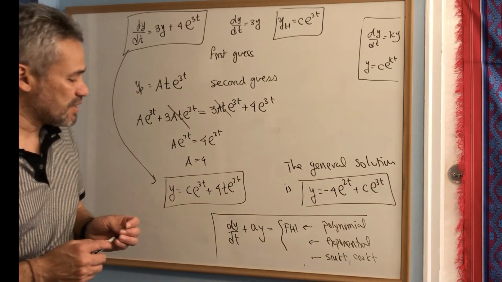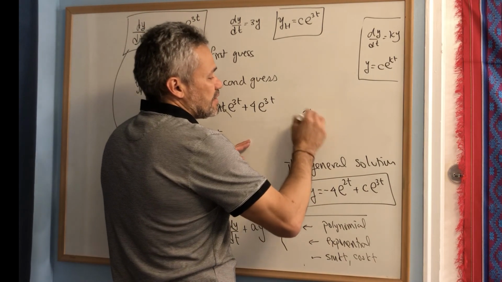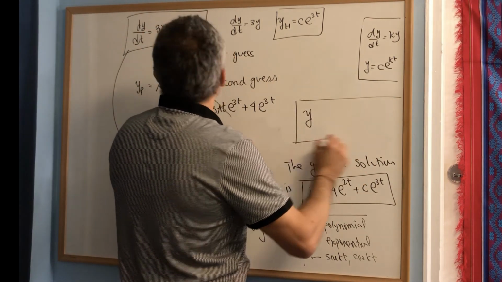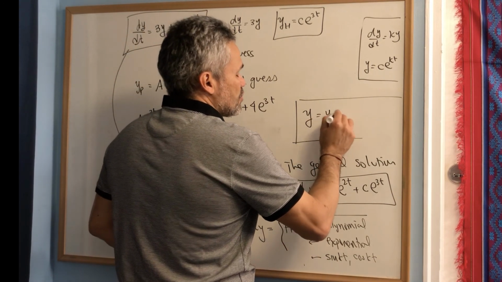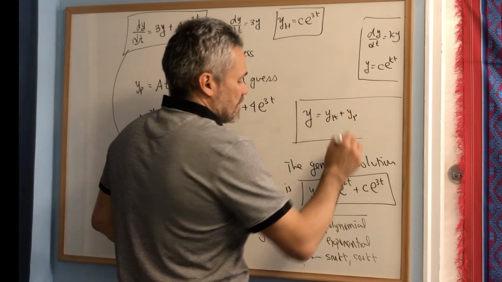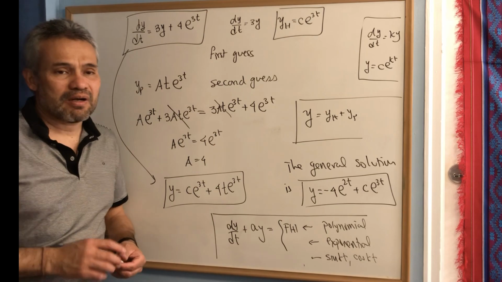Then we're going to use a guessing technique and the theorem that we have shown, that in general the general solution of a differential equation like this is the solution of the homogeneous plus the particular solution. We're going to go deeper into this. Okay, let's stop here.